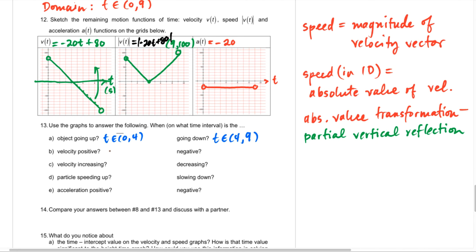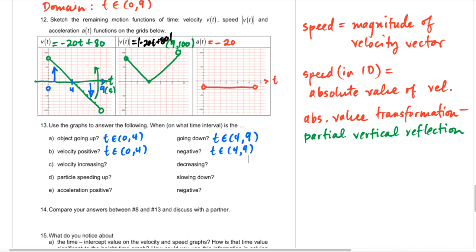The velocity is positive when the object is going up, so that's the same as time from 0 to 4. And the velocity is negative, so we can see here from the graph that the velocity values are positive from 0 to 4, and then from 4 to 9 seconds, the velocity values are negative.